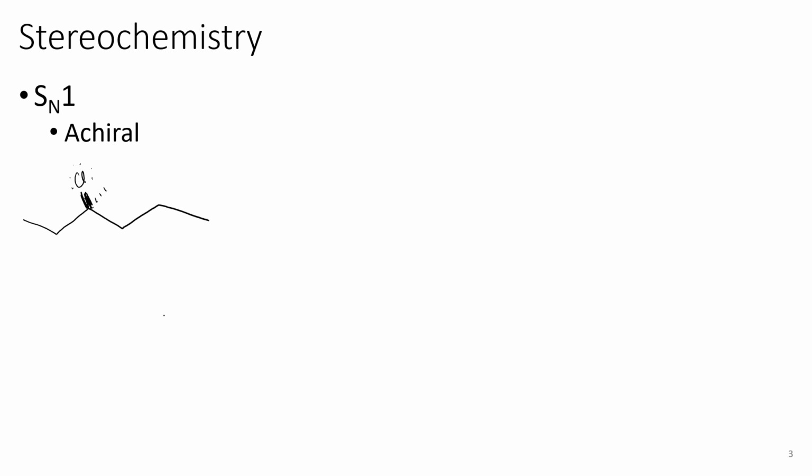In our SN1 mechanism, the first step is that the leaving group, the halide, is just going to leave. That leaves us with our intermediate, which is a carbocation. What we'll need to recognize is that the carbon atom that was attached to the chlorine in our initial reactant was sp3 hybridized.